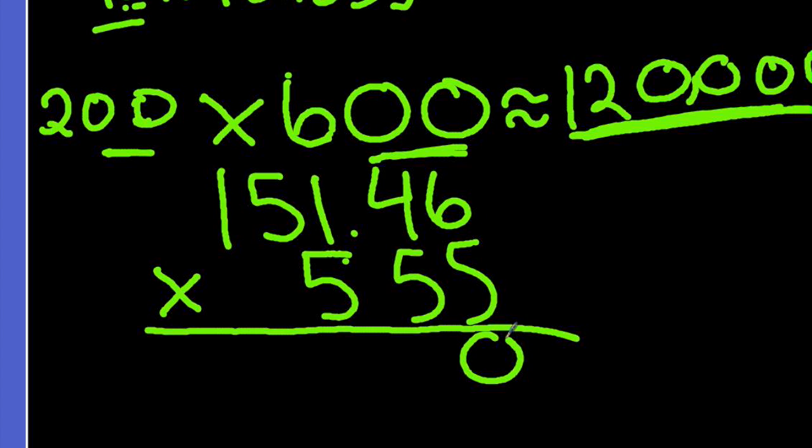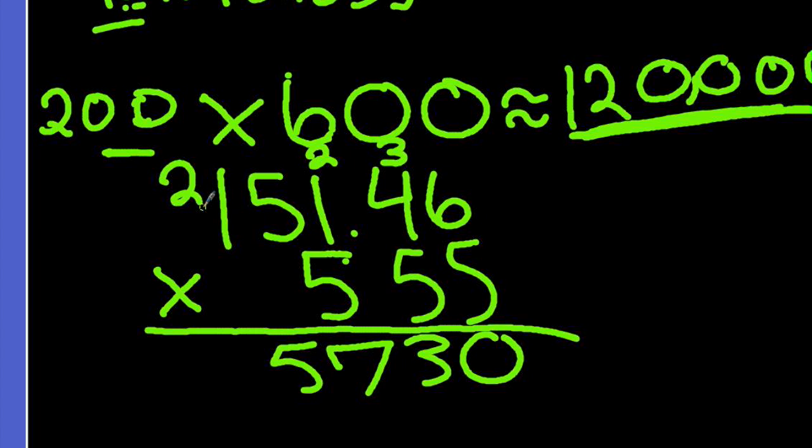So you can have the 0 and put the 3 up here. 5 times 4 is 20, plus 3 is 23. 5 times 1 is 5, plus 2 is 7. 5 times 5 is 25. And 5 times 1 is 5, plus 2 is 7.